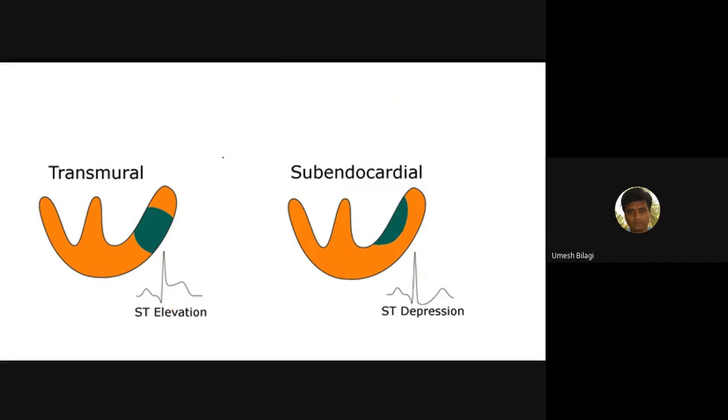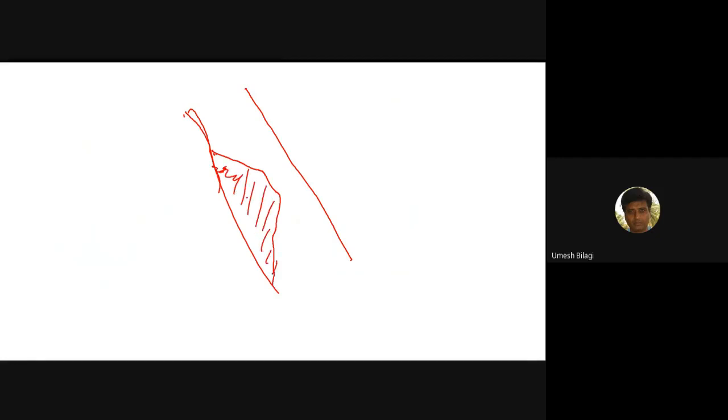So this is important because imagine this is a vessel. If the blockage is less than 100%, it usually ends up with NSTEMI.